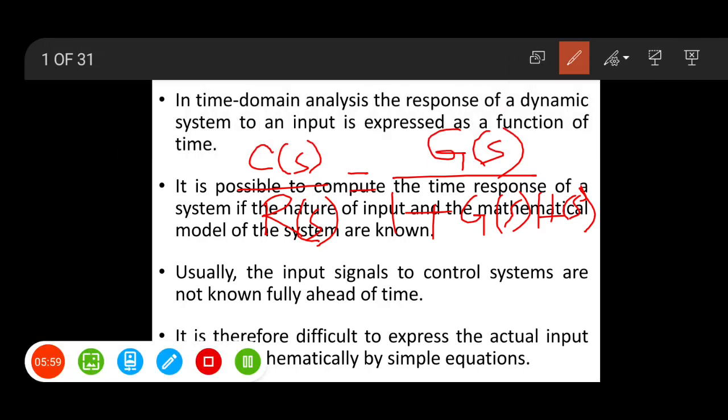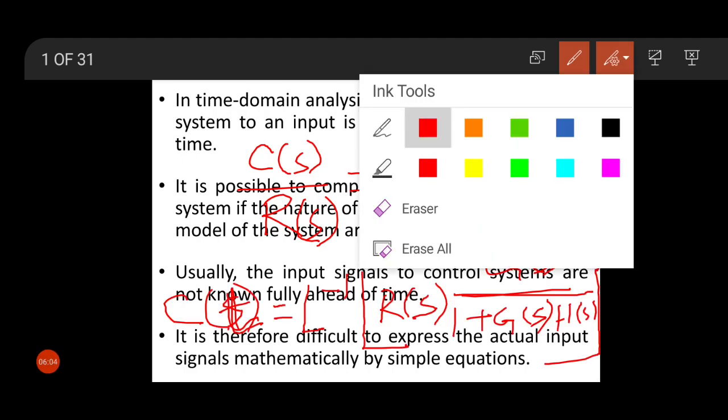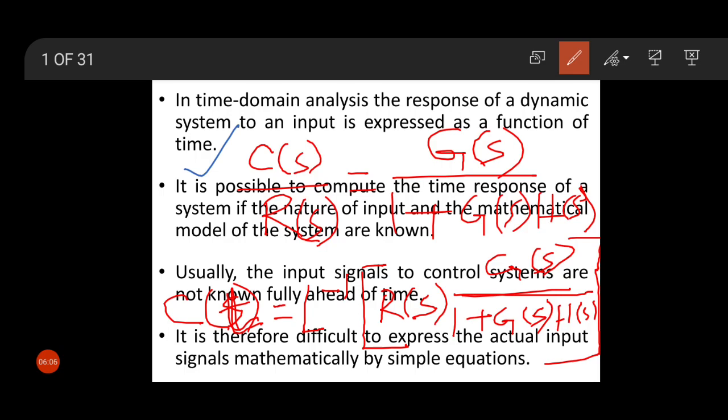This is the output transform of the negative feedback closed loop control system.